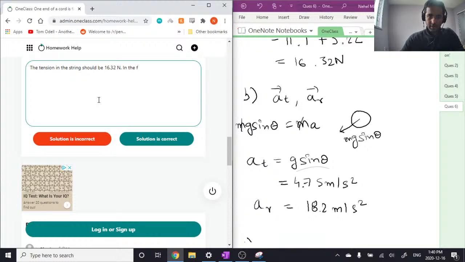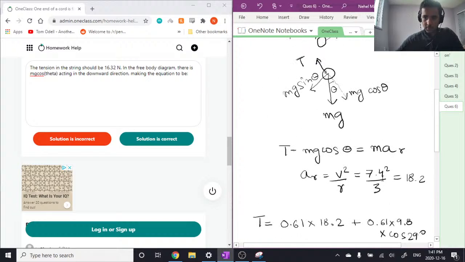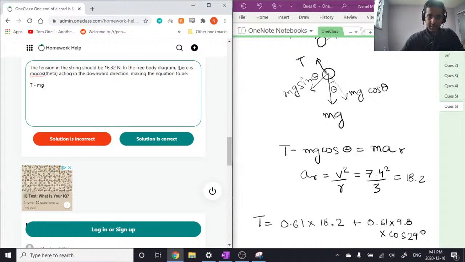In the free body diagram, there is mg cos theta acting in the downward direction, making the equation T minus mg cos theta equals ma, where we solve for T and a is the radial acceleration. Okay, so the solution unfortunately is incorrect.